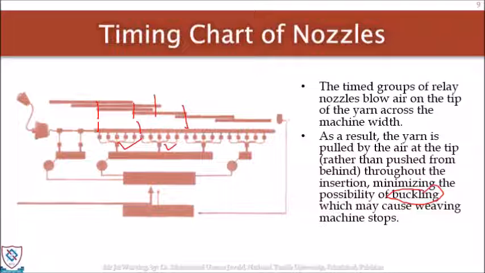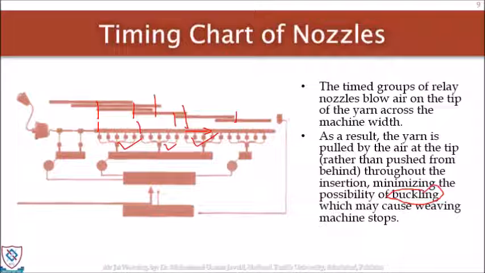When the yarn approaches this region, these nozzles will be pressurizing the yarn in the forward direction. Similarly, the next pair will be energized or pressurized when the weft approaches from here. That's how our weft is inserted in the channel reed, with the yarn tip pressurized so that there is no buckling and the remaining yarn follows the tip's acceleration.